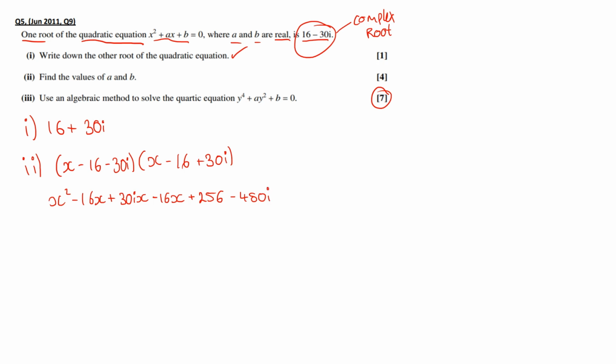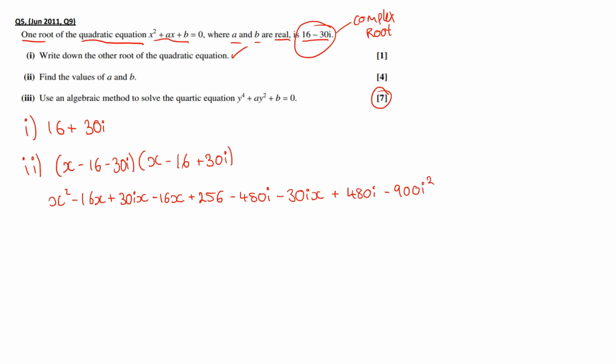Now we times by the 30i, so this is going to be minus 30ix. And then positive, what is it, 480i. That's what our 30 times 16 before was. And then minus 30 times 30i is going to be minus 900i squared.